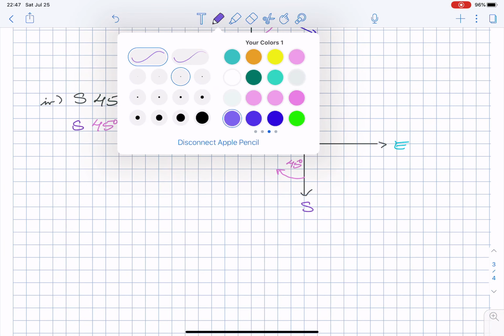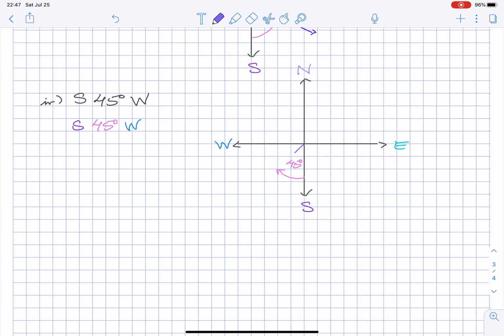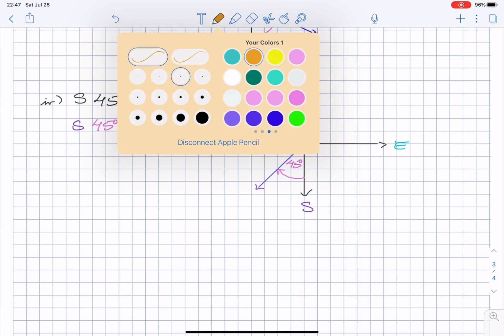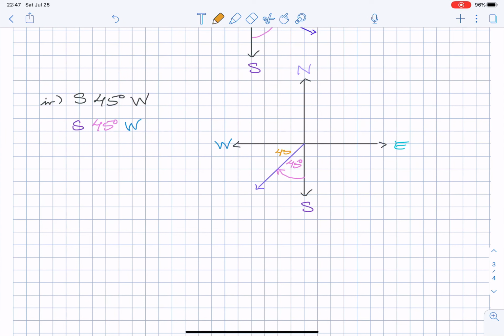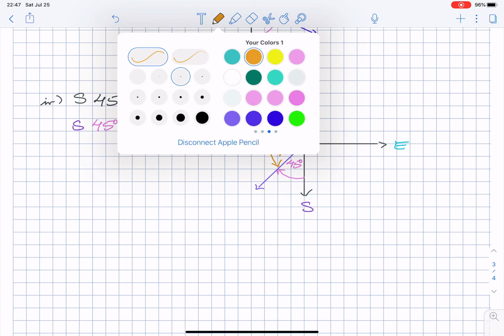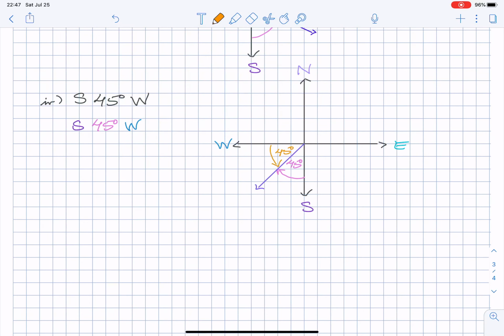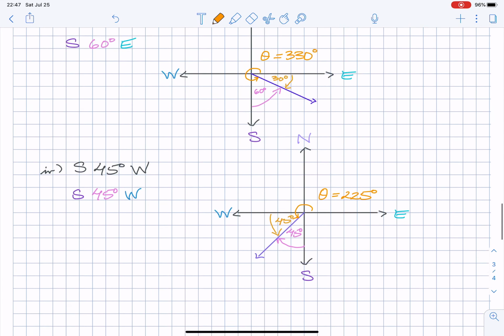So our bearing is 45 degrees from the x-axis, so that must mean that I've got 180 plus 45. So I know theta goes half a circle plus this 45. So 180 plus 45 is 225. So in standard position, theta is 225.